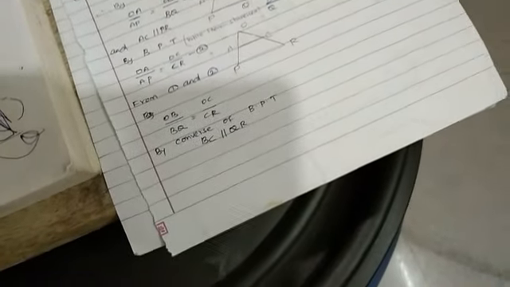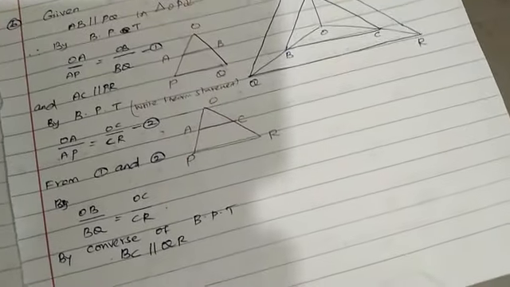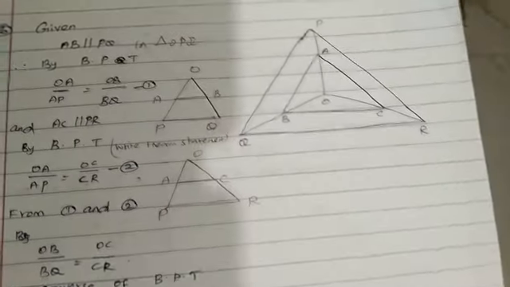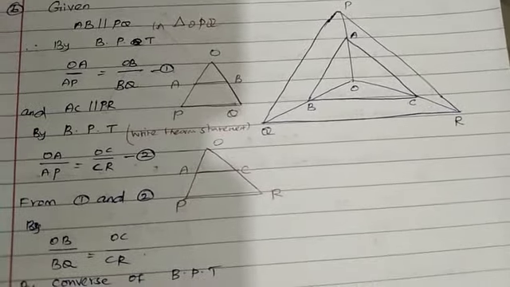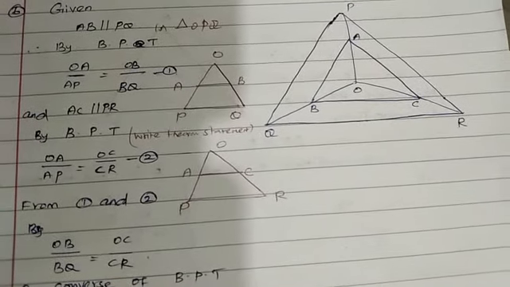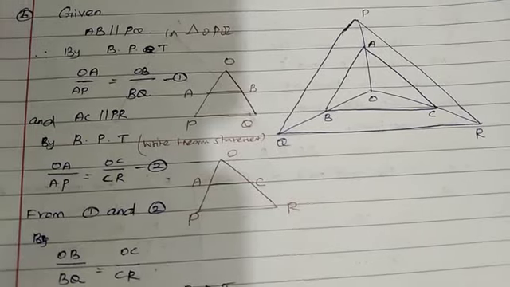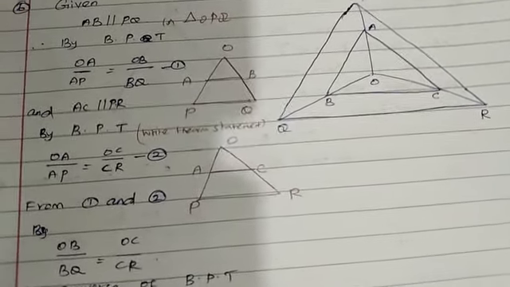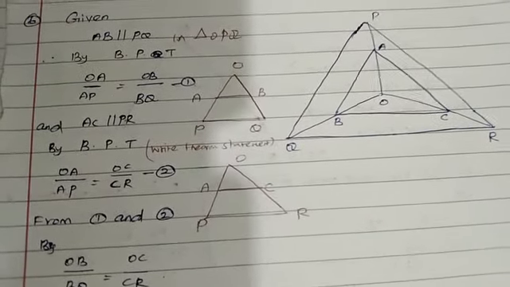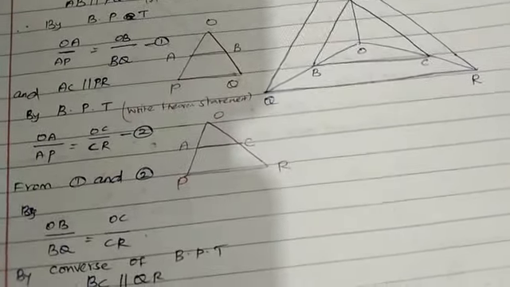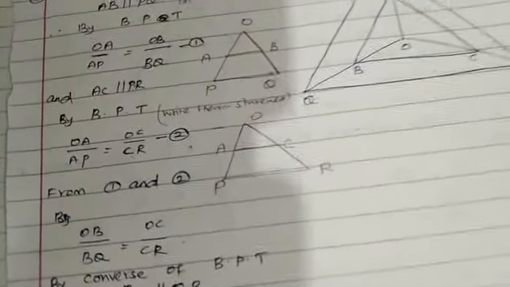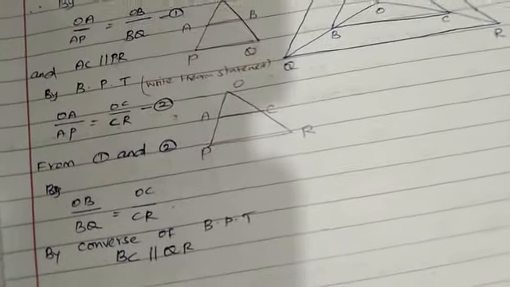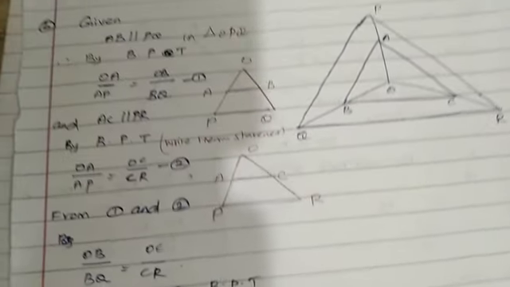I already mentioned that we need to write it directly, but for understanding: if two lines are parallel, we can write the ratio; conversely, if you have a ratio, we can say two lines are parallel. That statement we need to write exactly because it's a theorem: if a line is drawn parallel to one side of a triangle to intersect the other two sides in distinct points, the other two sides are divided in the same ratio.